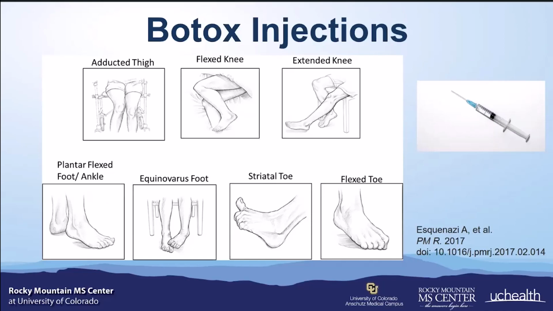We can use it in people who have spasticity, depending on where they have it, and these are pictures of some common places for people to have spasticity in MS. You inject it into the muscle, and usually after a few months it wears off, or potentially it's because there's new sprouting of neurons or something like that. So then you need to redo it again. It's not needed as often as the baclofen pump, but you do need to keep going back to maintain the benefits of this treatment.